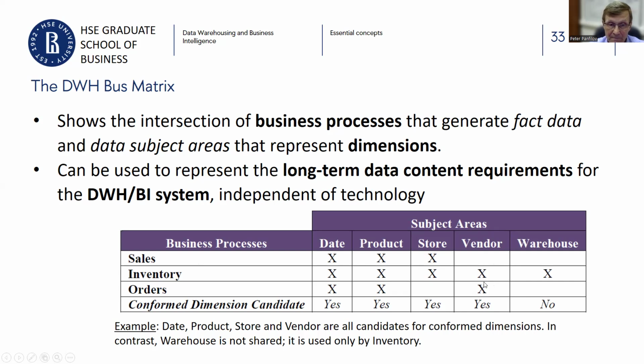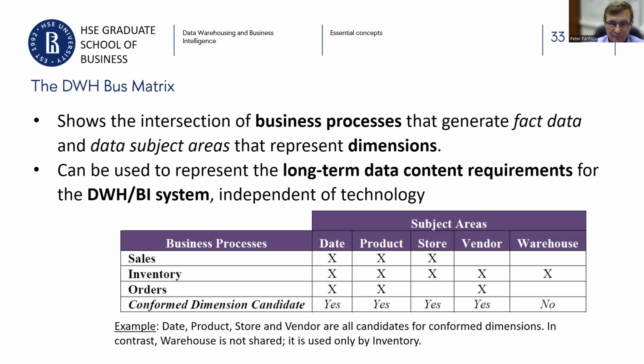You see here. And date, product, and vendor are all candidates for what we call conformed dimensions. Dimensions needed by all or most of the processes in your particular business case.